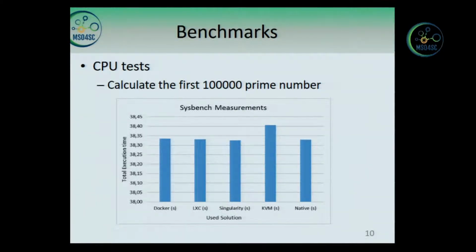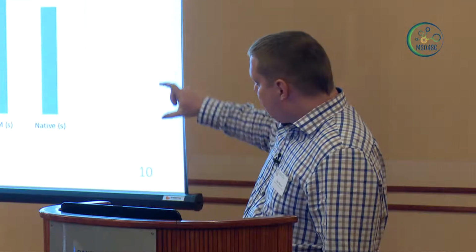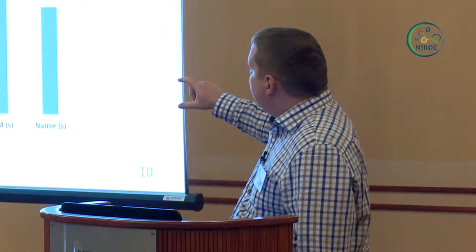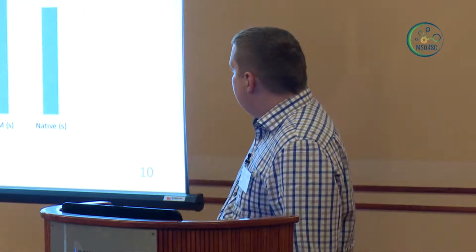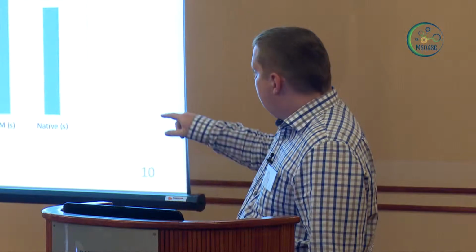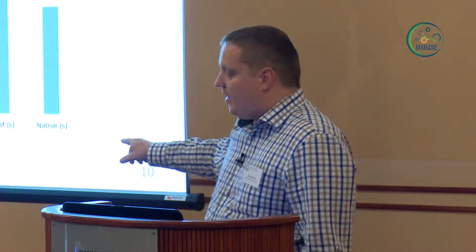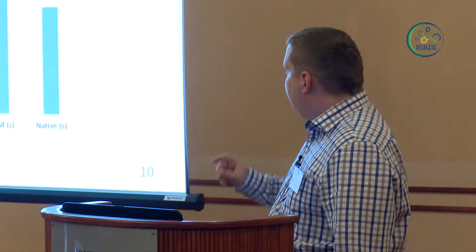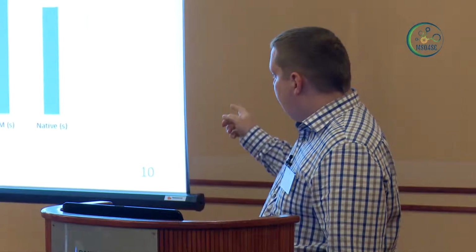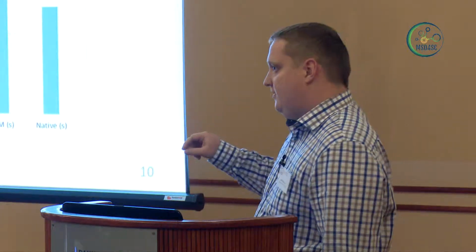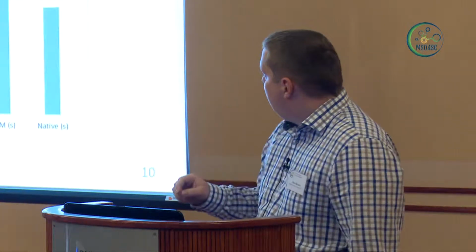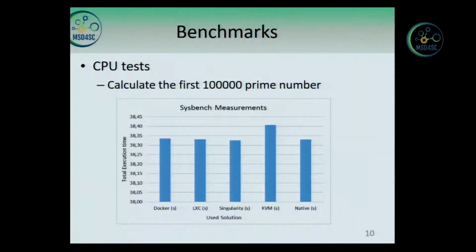As you can see, for the total execution time we have to manipulate the interval of the view to show the difference between the containers, the virtualization, and the native running as well. So it is about a 1% difference or less between virtualization, containerization, and native running.